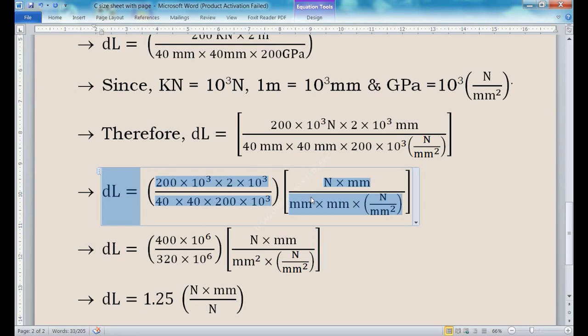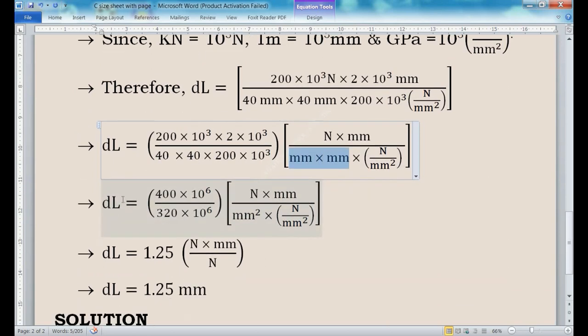Here 200 into 10 power 3 into 2 into 10 power 3 is 400 into 10 power 6, and 40 into 40 into 200 into 10 power 3 is 320 into 10 power 6, and mm into mm is mm square. So dL is equal to 400 into 10 power 6 divided by 320 into 10 power 6, into Newton into mm divided by mm square into Newton per mm square.